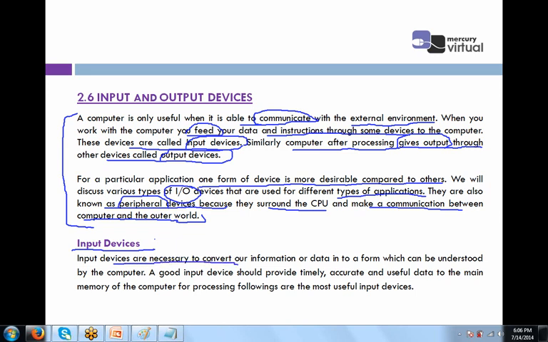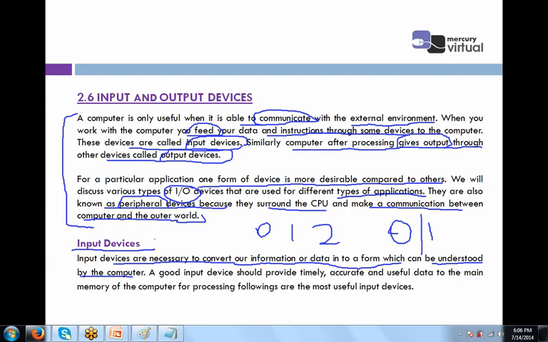Input devices are necessary to convert our information into a form which can be understood by the computer. So as I told you, human beings understand 0, 1, 2, but computer understands only 0 or 1. That is your binary number, either 0 or 1.